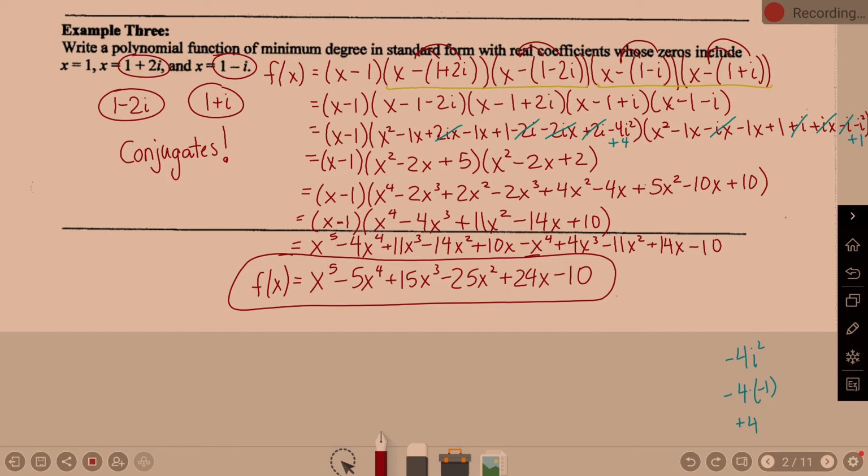Okay. When you're ready, turn the page and start looking at example 4, because this relates to what we've done previously.